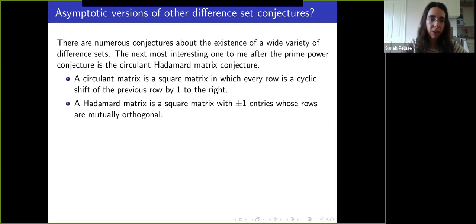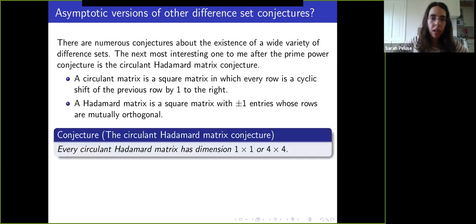So if it's an n by n matrix, then a Hadamard matrix times its transpose is just a matrix with n's on the diagonal and zeros everywhere else. And then a circulant Hadamard matrix is a matrix that is both a circulant matrix and a Hadamard matrix. And the conjecture is that these only exist of dimensions 1 by 1 or 4 by 4. And there are examples of 1 by 1 matrices and 4 by 4 matrices.